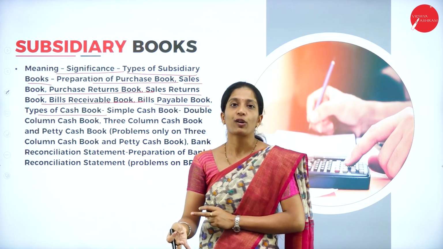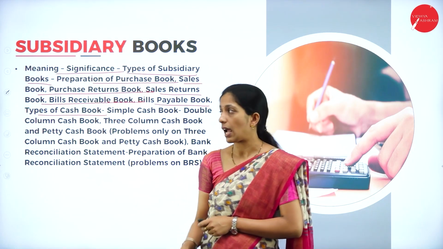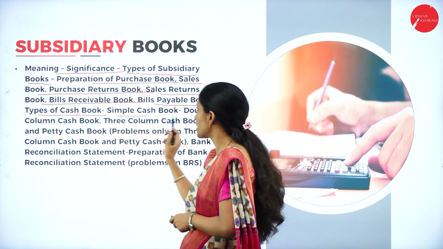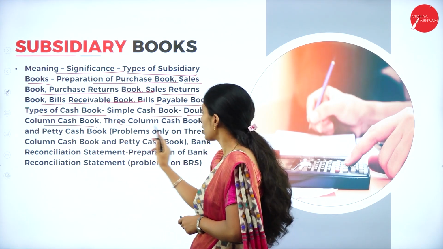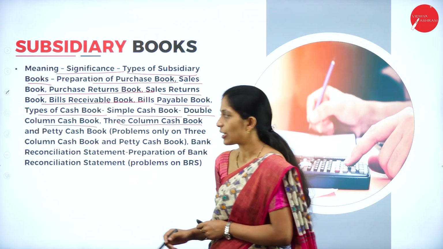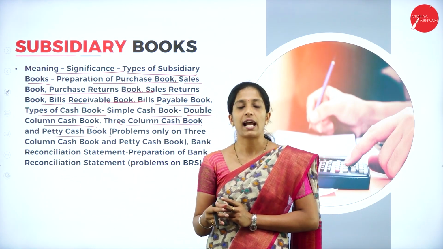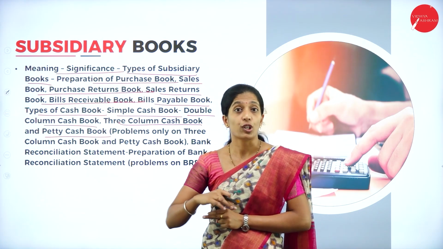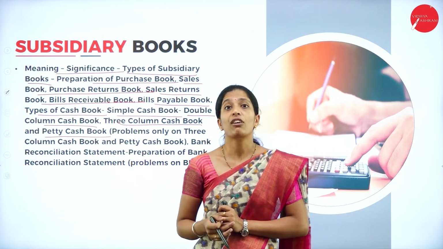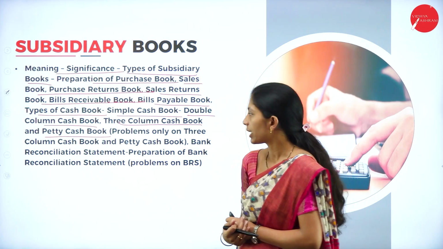Cash book is also one of the subsidiary books. Under that also there are various types, where you will learn about simple cash book, double column cash book, 3-column cash book and petty cash book. There are mainly 4 types of cash book: simple cash book, or single column cash book, double column or 2-column cash book, triple column or 3-column cash book, and one more is the petty cash book.